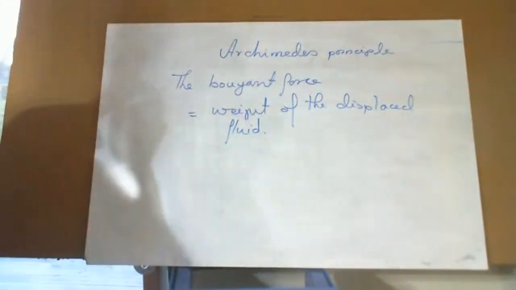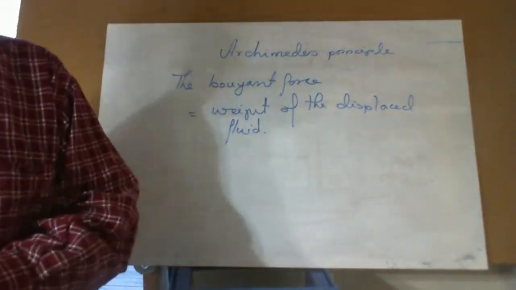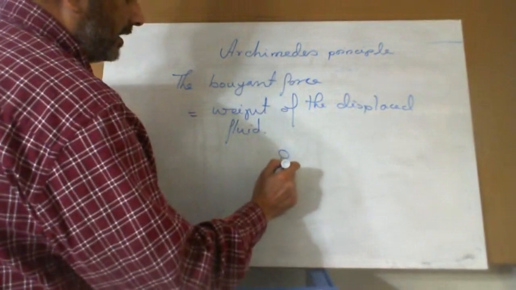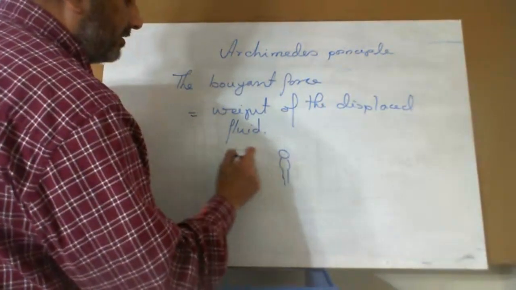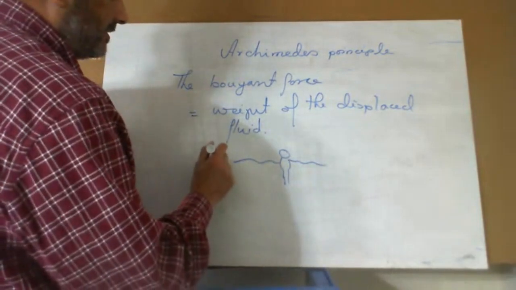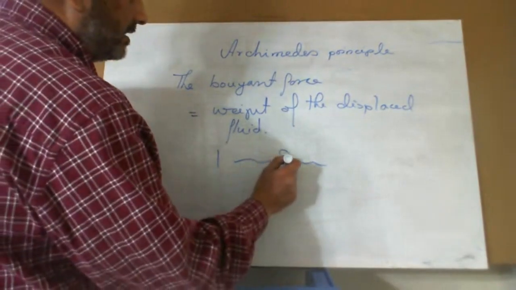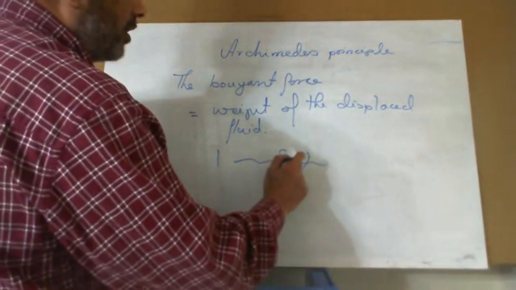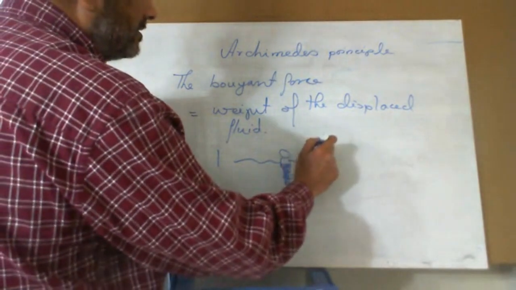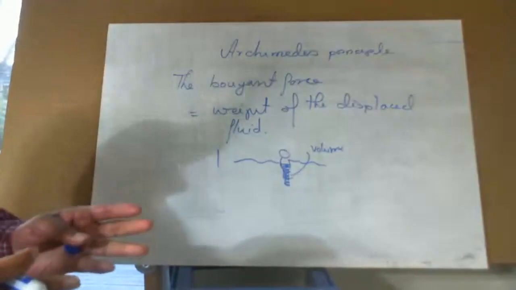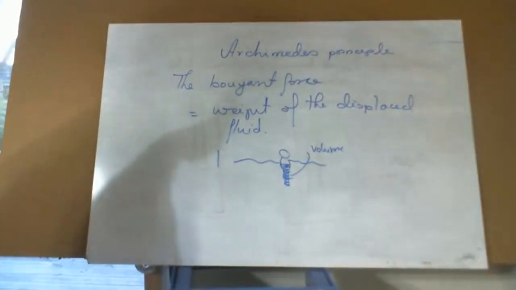So for example, you get in a swimming pool, right? And let's say there's a kid in the swimming pool, floating in it. The amount of water that is pushed aside is equal to the volume of this person. So whatever volume he has, that amount of water will be pushed aside.